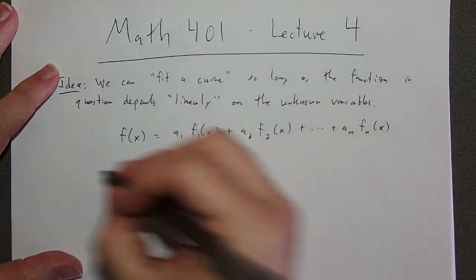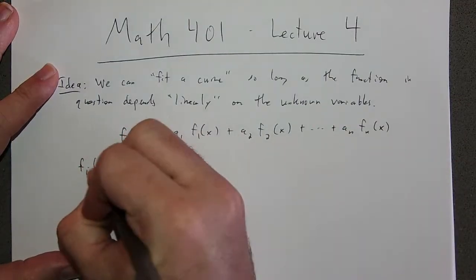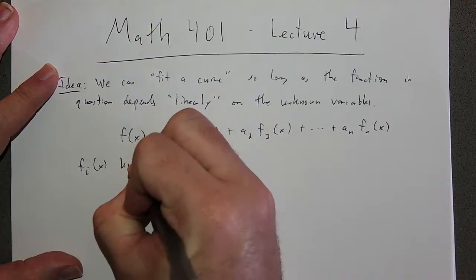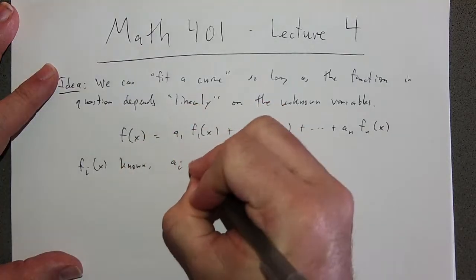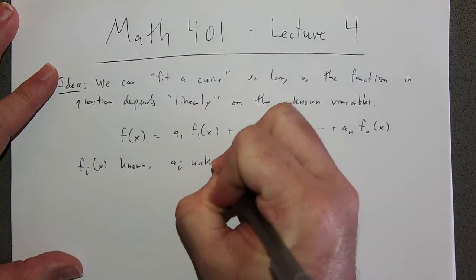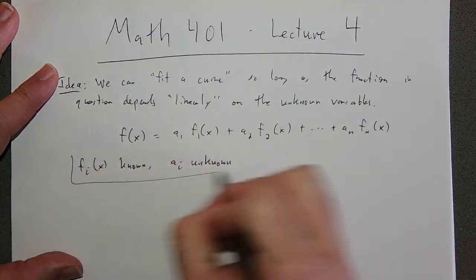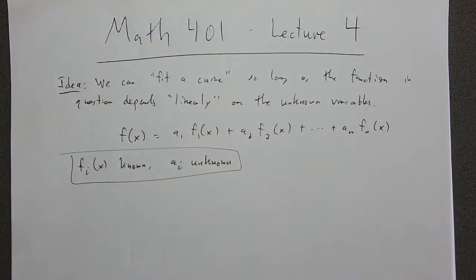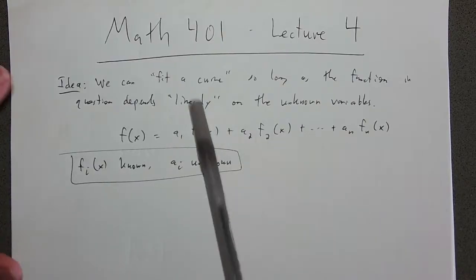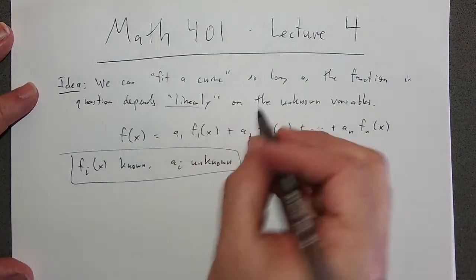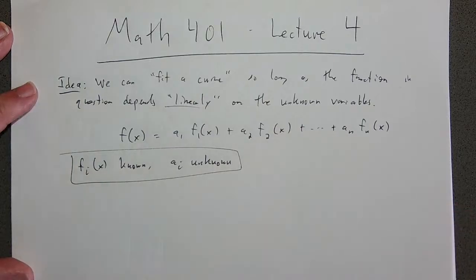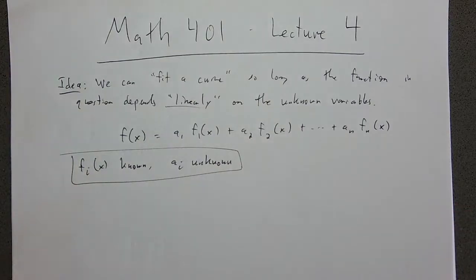So the f sub i's are known, and the a sub i's are unknown. I want to be careful here not to confuse you when I say that something is linear. What the linearity has to do with is the dependence on these a sub i's. But the f sub i's may not be linear functions. That's kind of the point here.